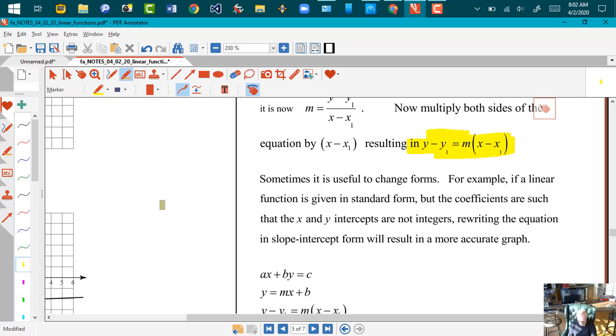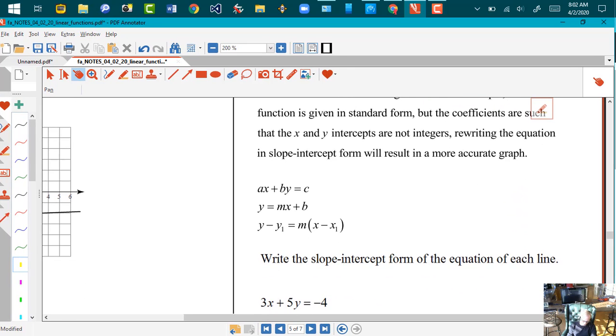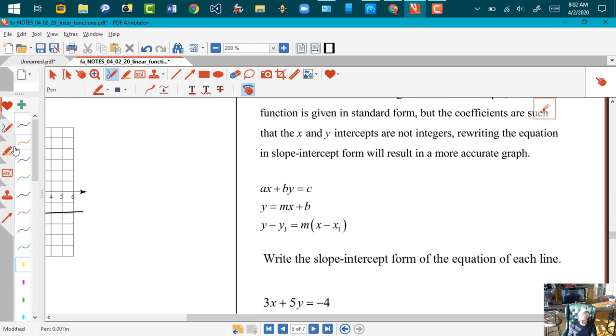Okay, so let's look at the three forms of a line. By far, the slope-intercept form is the most important. If you remember one thing from this, please remember the slope-intercept form of the equation of a line. This is the standard form, as I just went over.